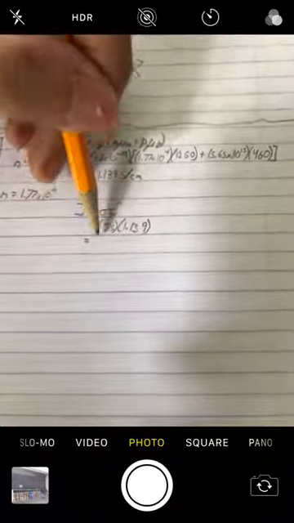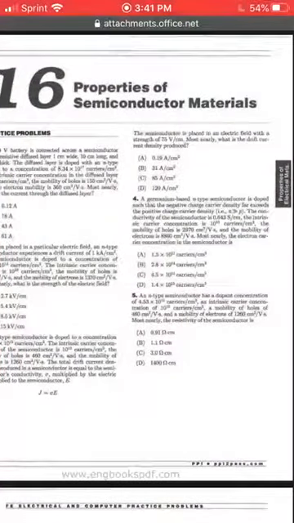Our drift current should be about 85.4 amps per centimeter squared. And if we look back at our choices here, C should be our answer for number 3.